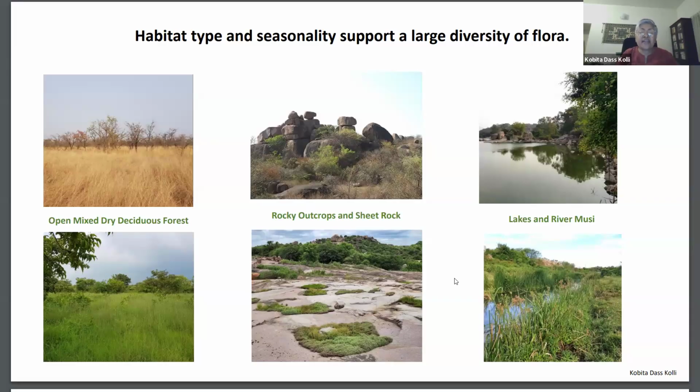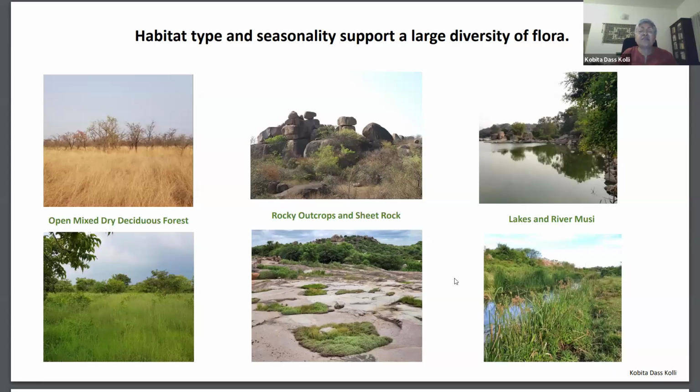Therefore, in our area, as you can see here, on your left is the open mixed dry deciduous forest, and that is the dry season. You see a lot of browns, more browns. This is the dry season. And under that, on your left bottom, you can see what it looks like in the wet season, which is the monsoon, around 5 months in the year for us.